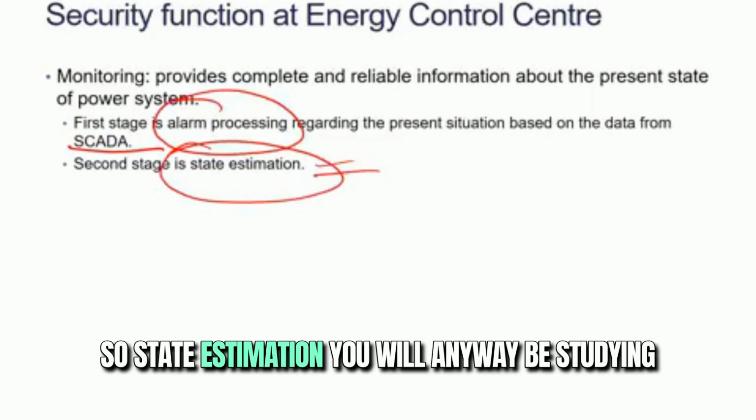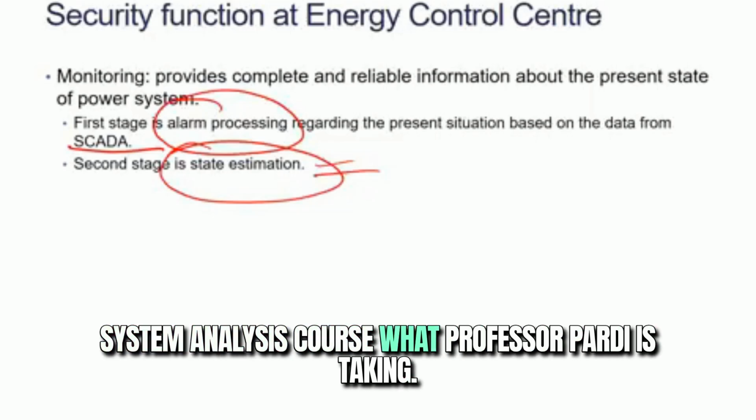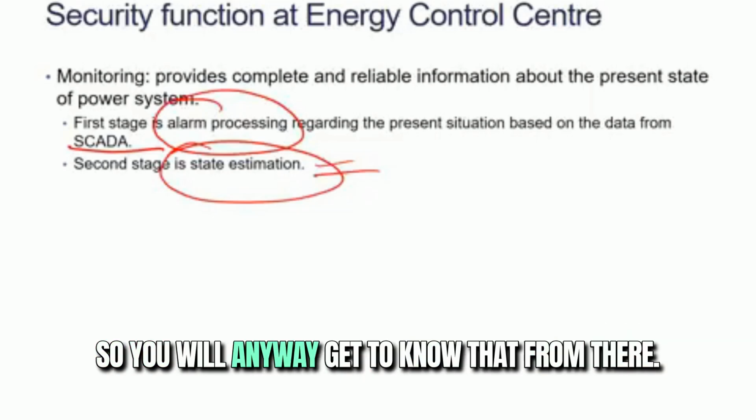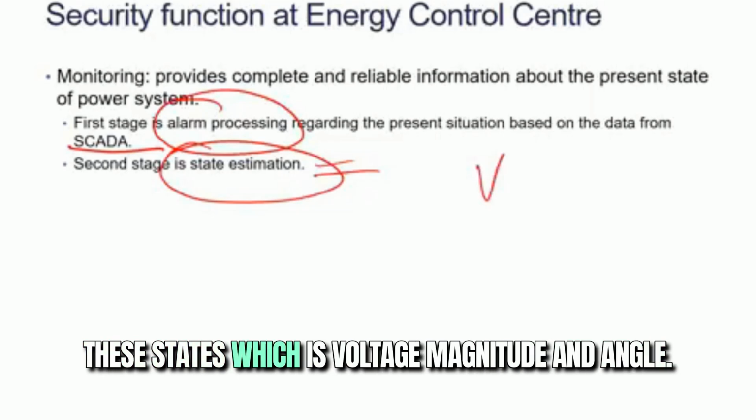State estimation you will anyway be studying in the CAPSA course, your computer aided power system analysis course, which Professor Pardy is taking. So you will get to know that from there. But state estimation is nothing but just to estimate the states, which are voltage magnitude and angle.